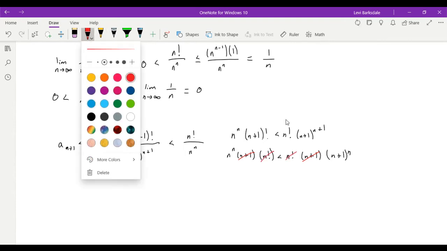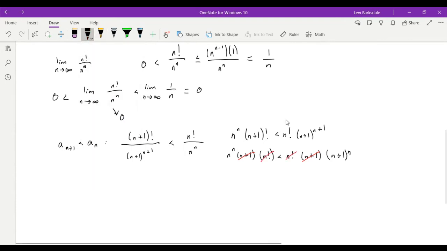And that leaves me with the statement that n to the nth should be less than n plus 1 to the nth, which is clearly true for all n that are positive. So our second condition is also satisfied. Then we can say, because both conditions are satisfied, our series will converge.